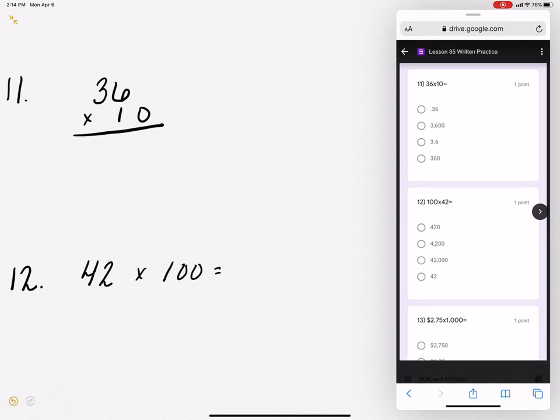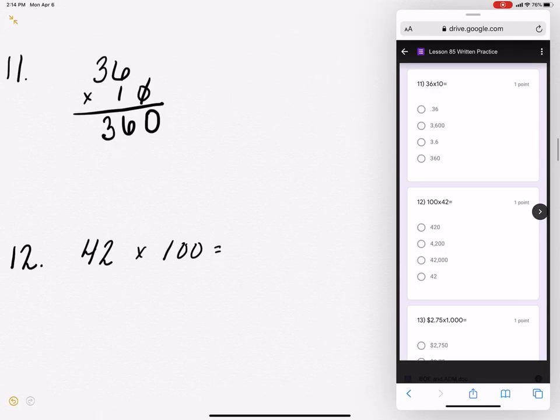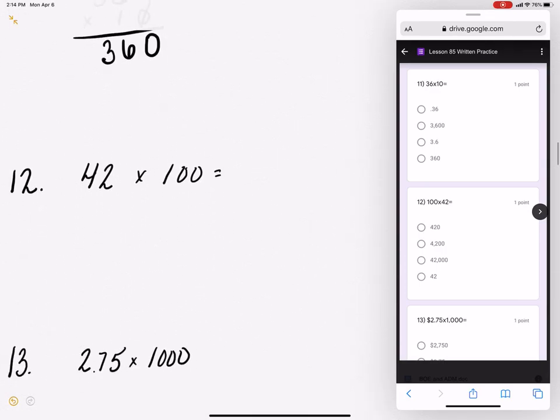So anytime you have a 0 on the end of a 2-digit by 2-digit multiplication, you can let it overhang like this and just bring it down, put it in your answer, and mark it out. Then I can just say 36 times 1. 6 times 1 is 6, 3 times 1 is 3, and that's your answer, 360. You can do the same thing for 42 times 100.